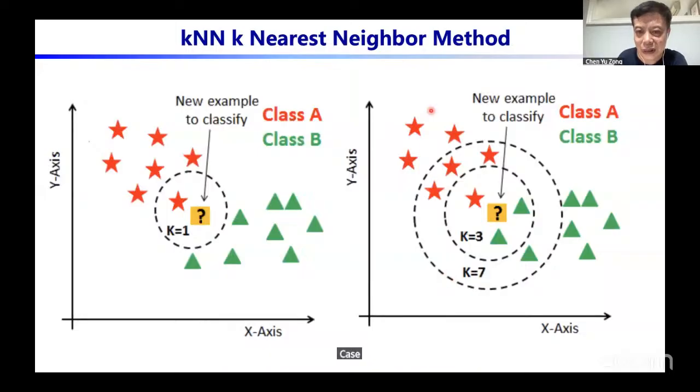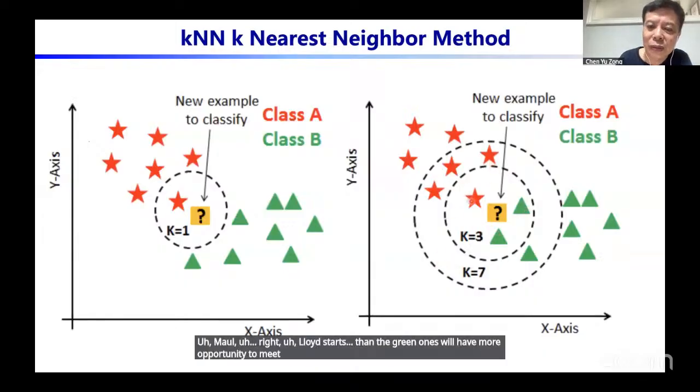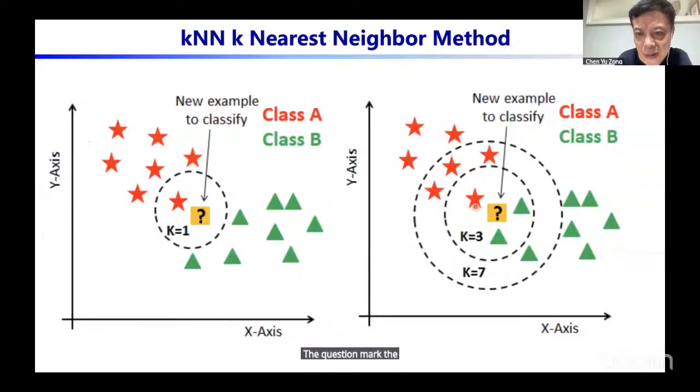So in this case, we can see that we have more red stars than the green ones. We have more opportunity to meet with the red stars. So that means we should assign the question mark sample as a red star.